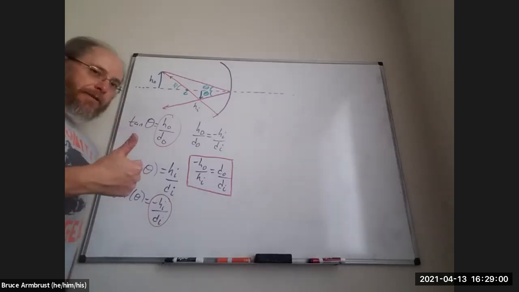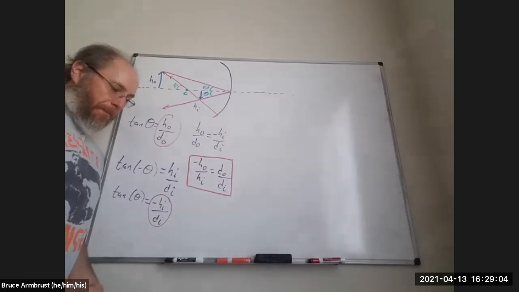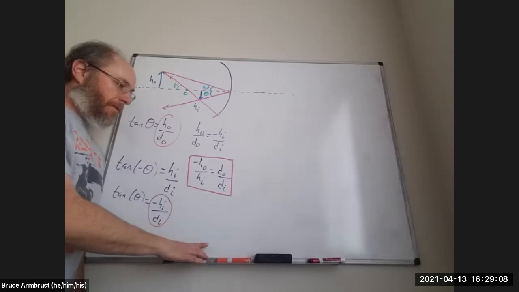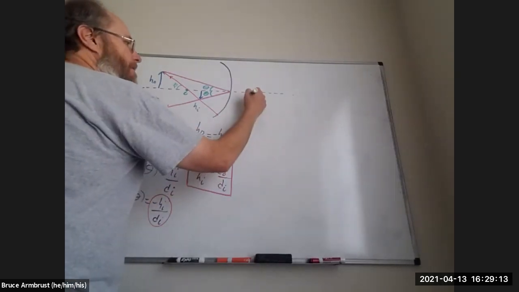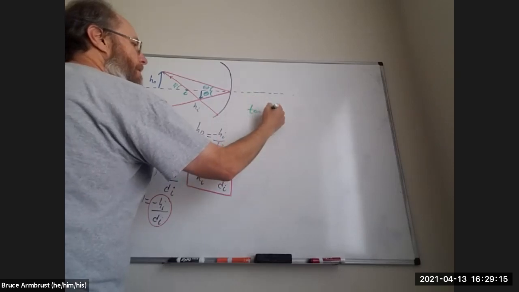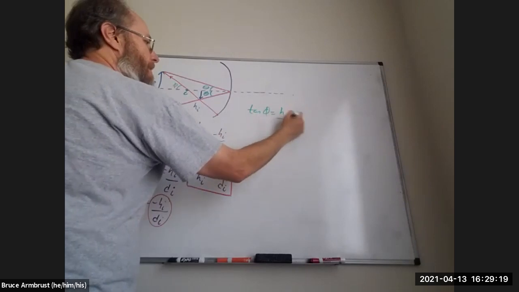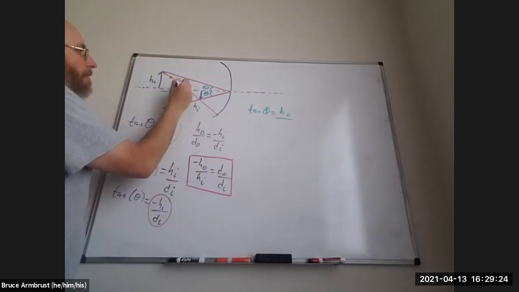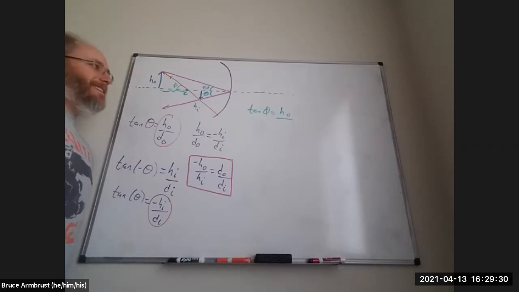All right, so far so good. Just a little simple, easy geometry trick. Now let's do the same thing with phi. So I'm going to make my tangent of phi. And phi's tangent is going to be HO over this length right here, the distance that our object is from the center.